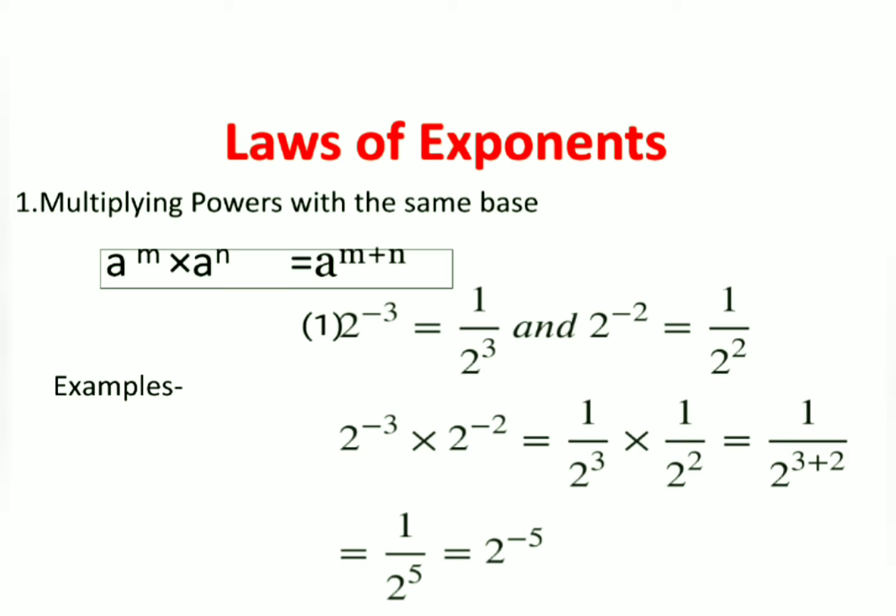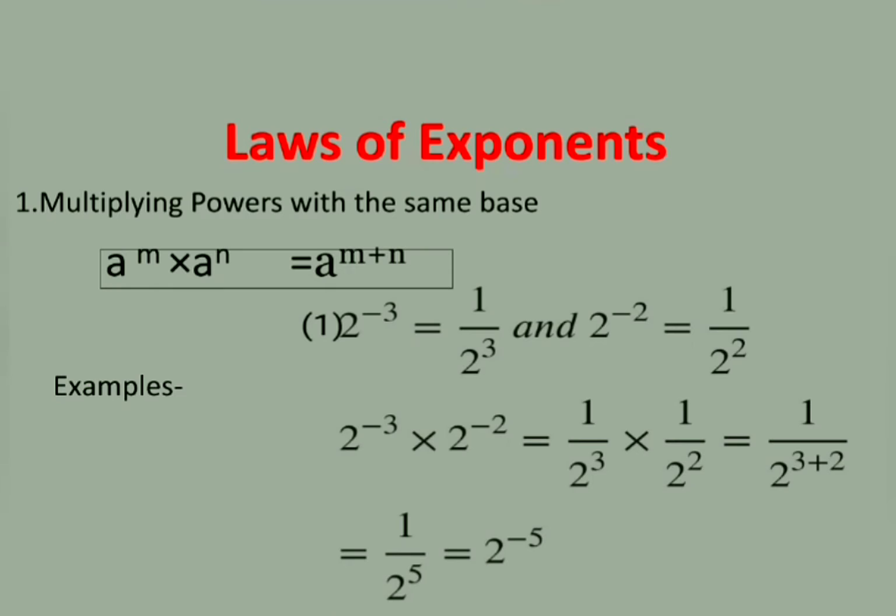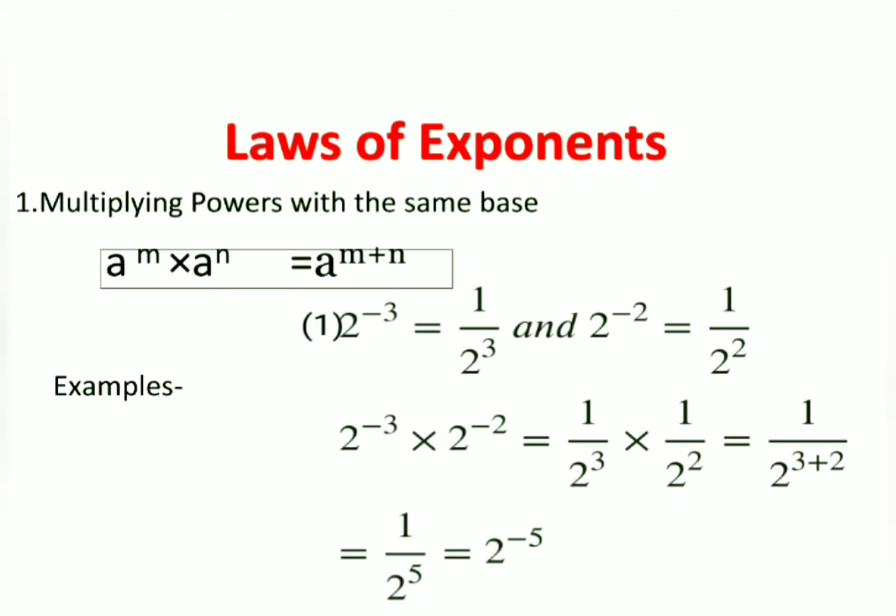Students, the first law of exponents is about multiplying powers with the same base, meaning multiplying exponential numbers having the same base. The law is as follows: a raised to the power m into a raised to the power n is equal to a raised to the power m plus n, where a is a rational number and m and n are integers.